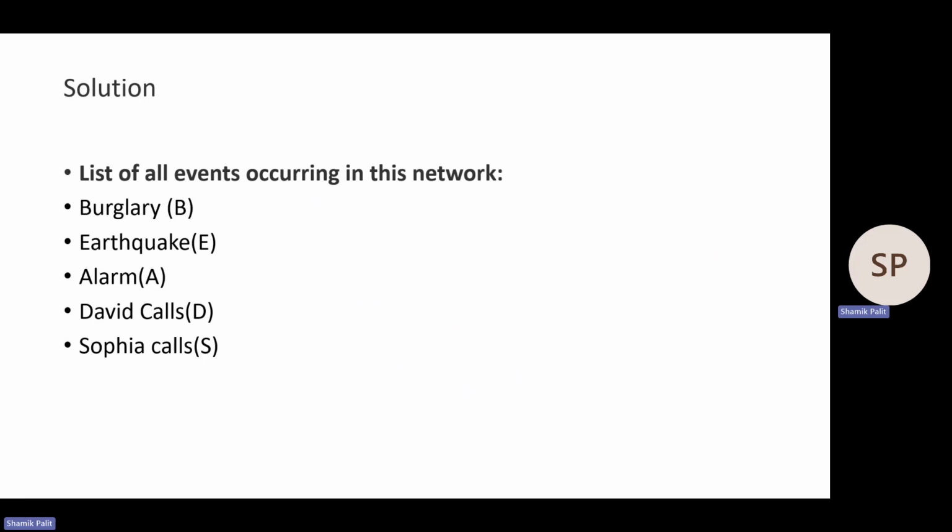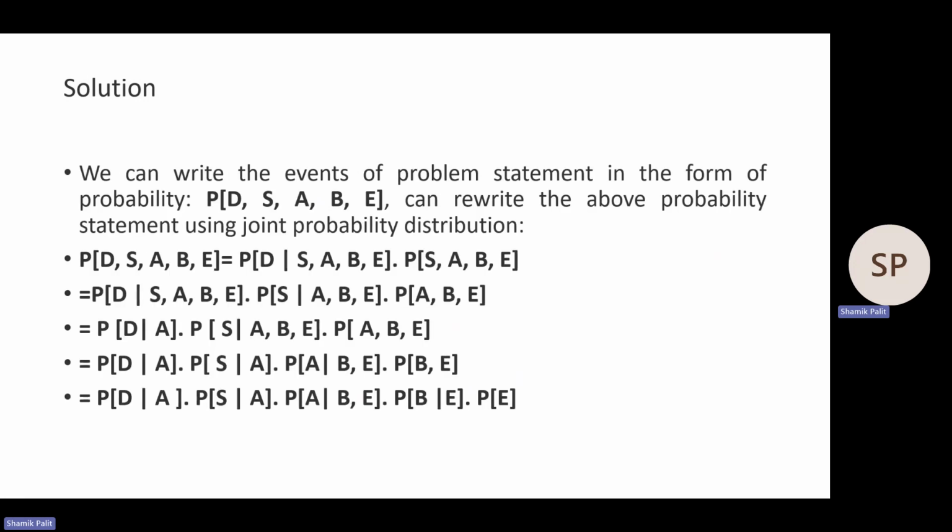Once you have identified the list of events in the network, we start finding out the probability. So we start finding out the joint probability of all those 5 events, as you have already seen. And finally, we make use of the conditional probability distribution, as you have seen in this particular derivation.